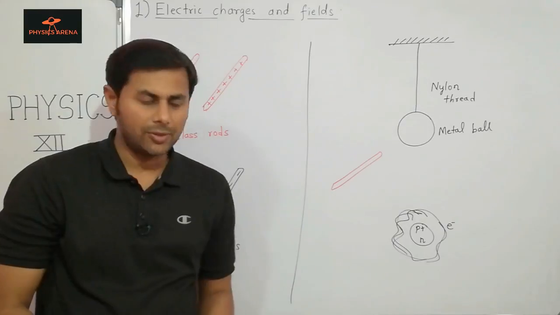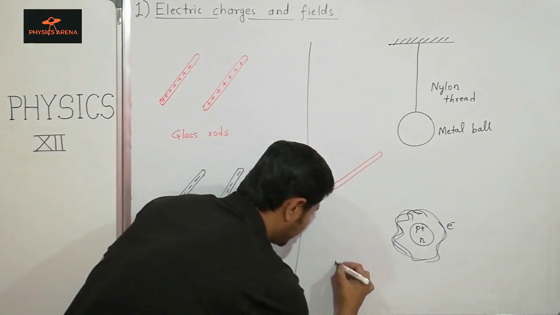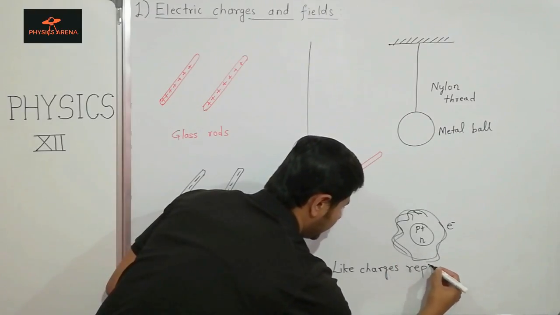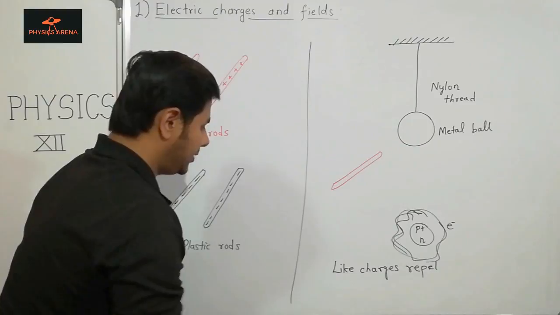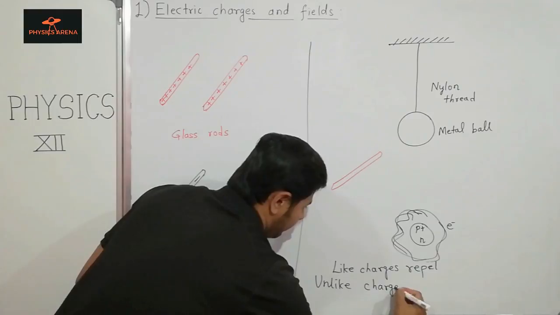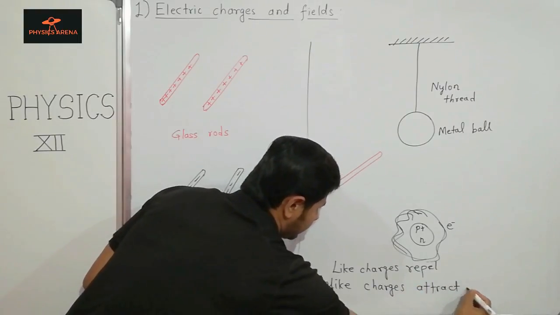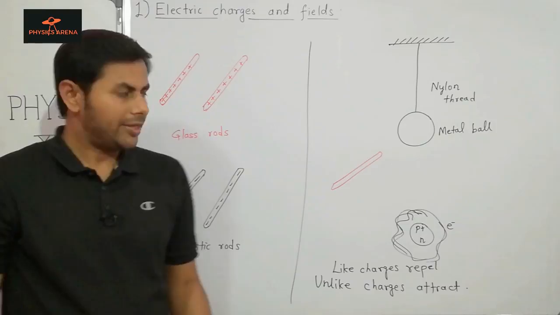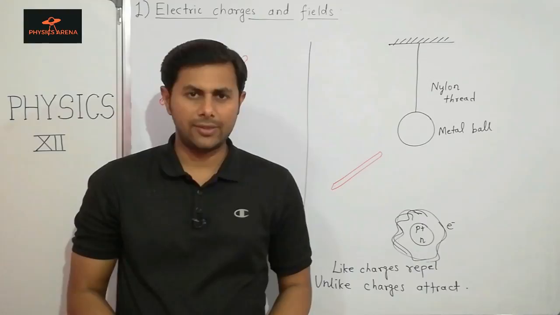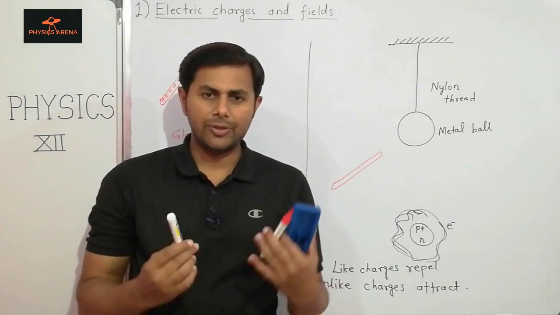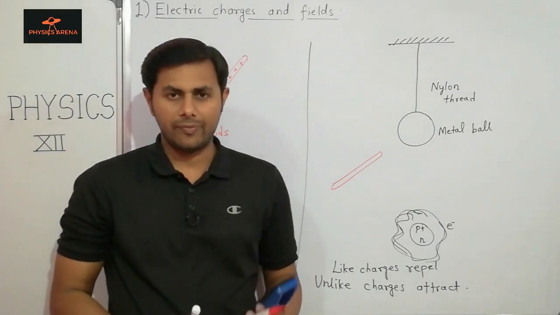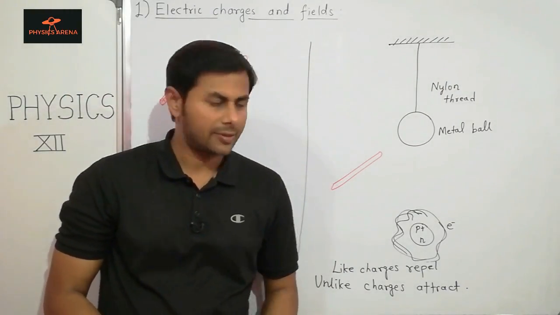And we should also know this fact that like charges repel each other and unlike charges attract each other. So when we take these two glass rods which are positively charged close to each other, there is repulsion because there are like charges, same type of charges on both the glass rods.